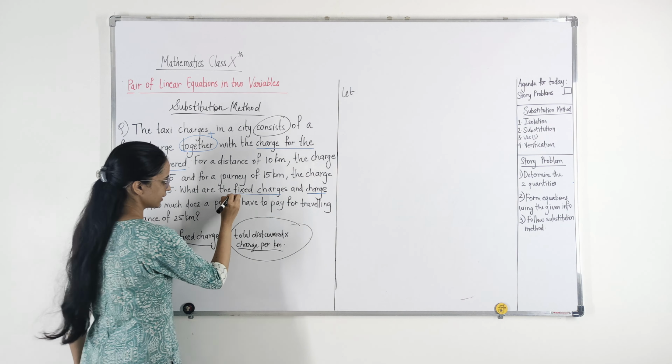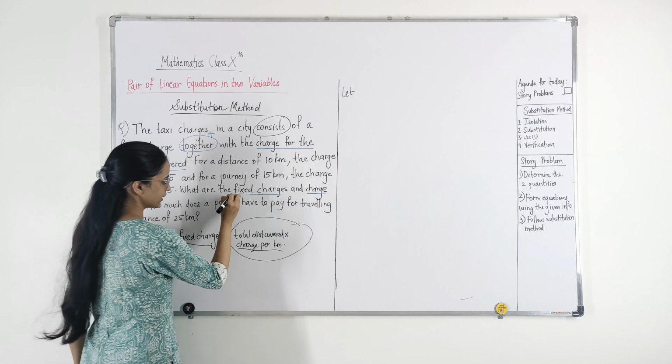So according to this condition, if the fixed charge is x, the total distance covered is 10, and the charge per kilometer is y, then the total taxi charge is 105.